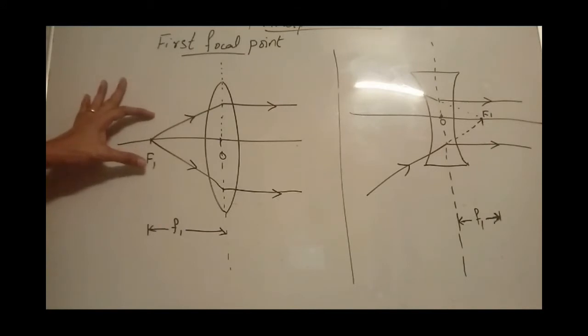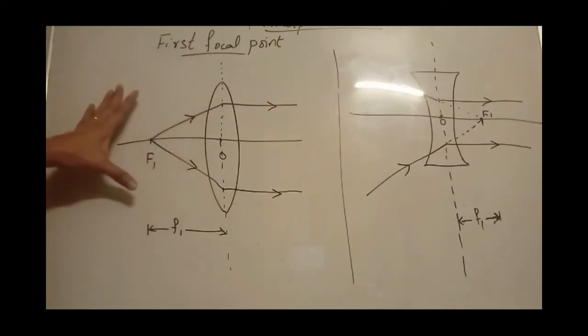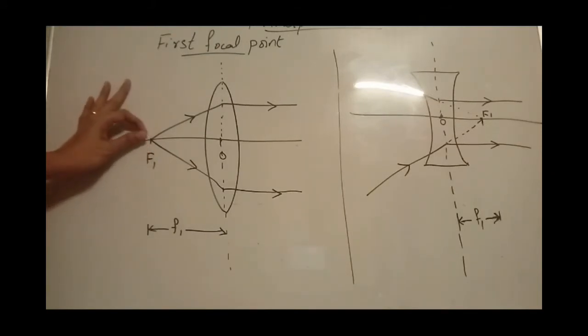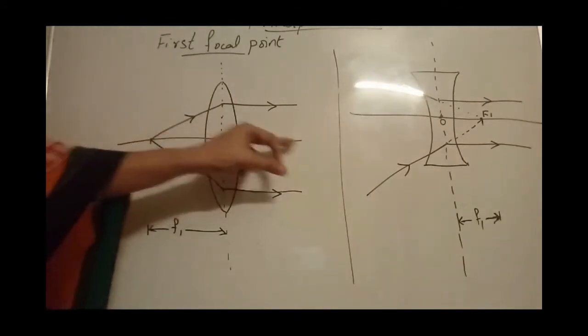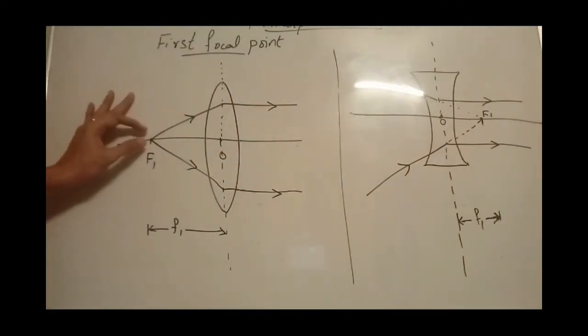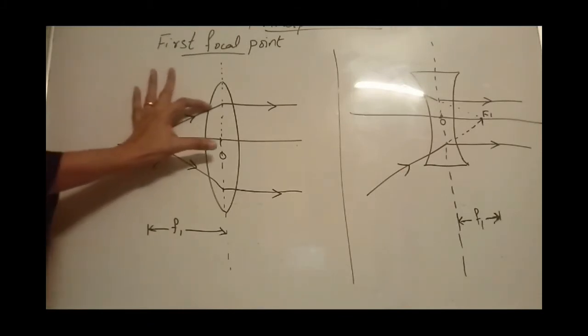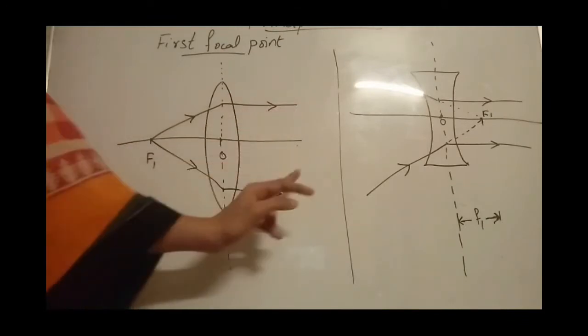When a ray of light passes from left to right in a convex lens, the rays coming from a particular point on the principal axis will, after refraction through the convex lens, go parallel to the principal axis. The principal axis is this one.